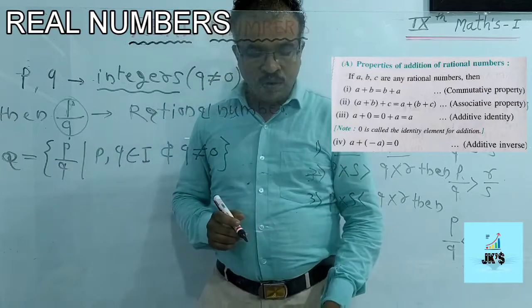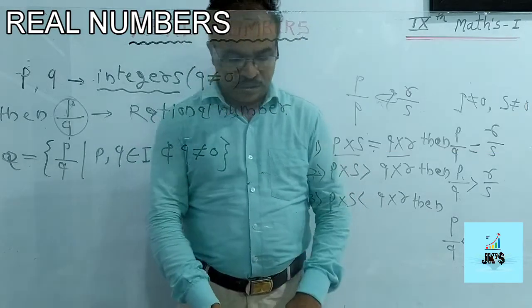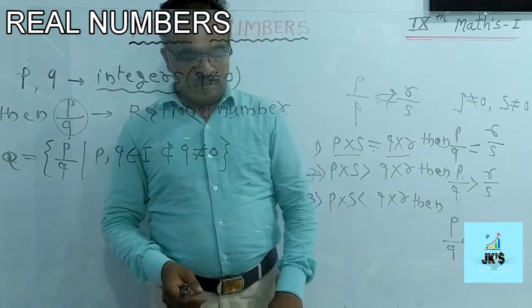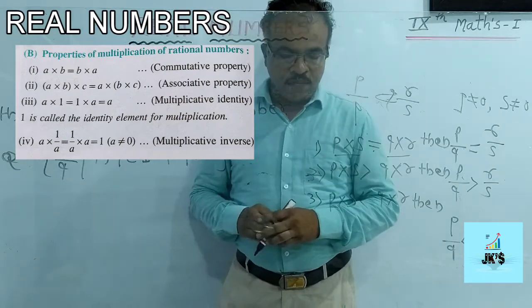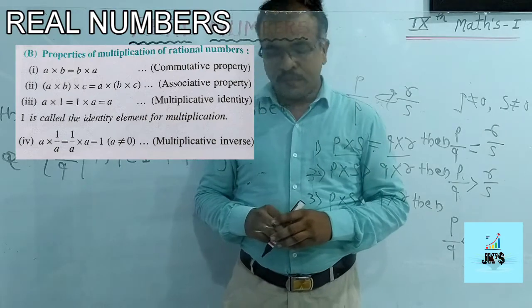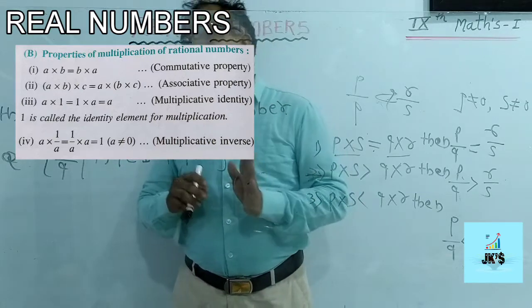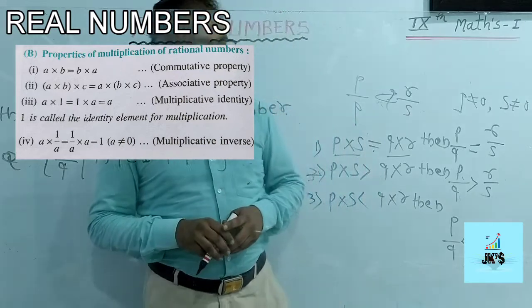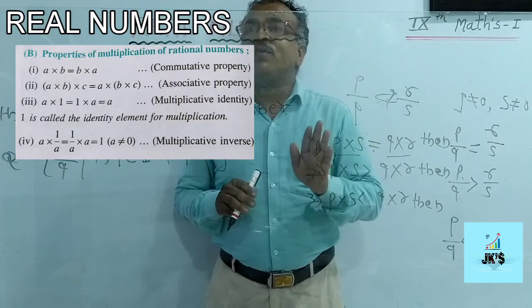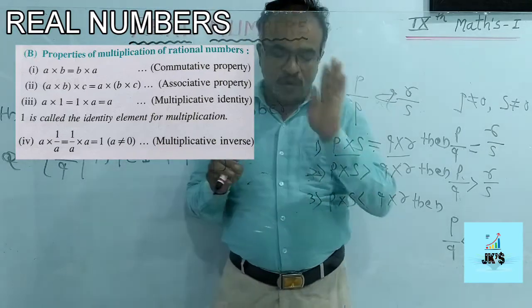Then we come to another set of properties, that is, multiplicative properties of rational numbers. First, A into B equals B into A. Similarly, this is a commutative property. It means 4 into 3 is 12 and 3 into 4 is also 12.